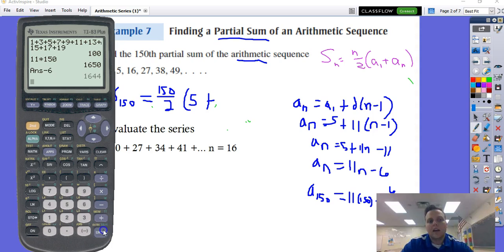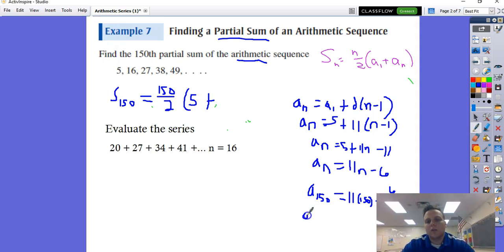I get that the 150th term is 1644. So a sub 150 is equal to 1644. Okay, so now I can take the 1644 and I can plug it in right here.